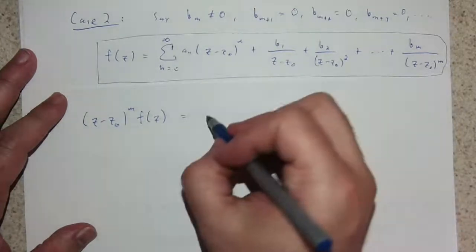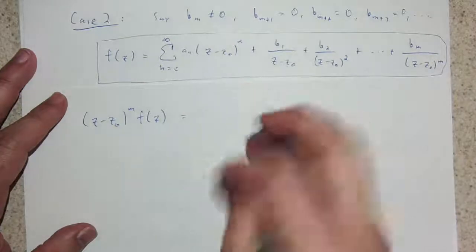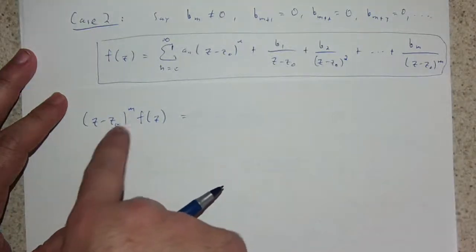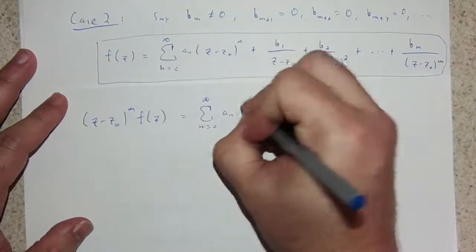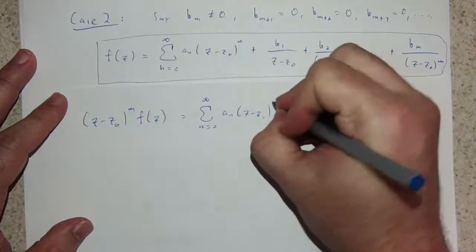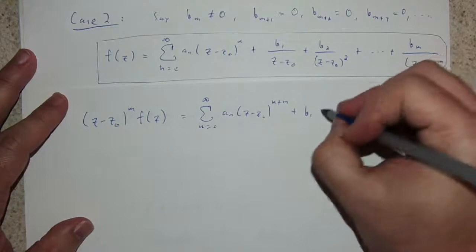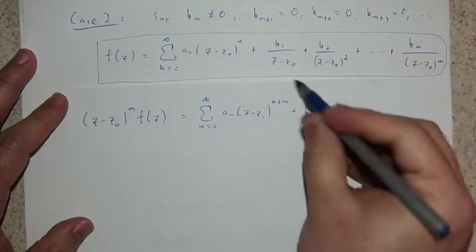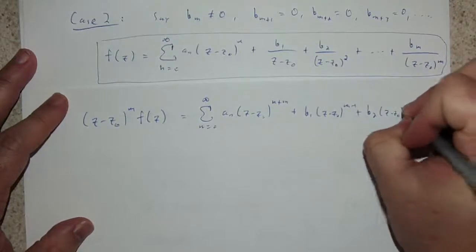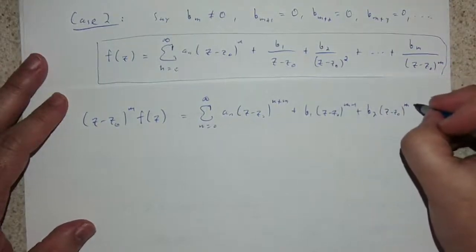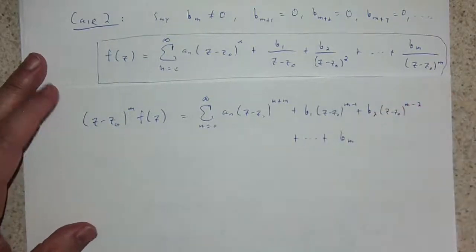I end up with the same exact thing, except I've multiplied by z minus z naught to the m, so I would end up with a sum from n equals 0 to infinity of a sub n times z minus z naught to the n plus m, plus b sub 1 times z minus z naught to the m minus 1, plus b sub 2 times z minus z naught to the m minus 2, all the way up to b sub m, which would be a constant term.